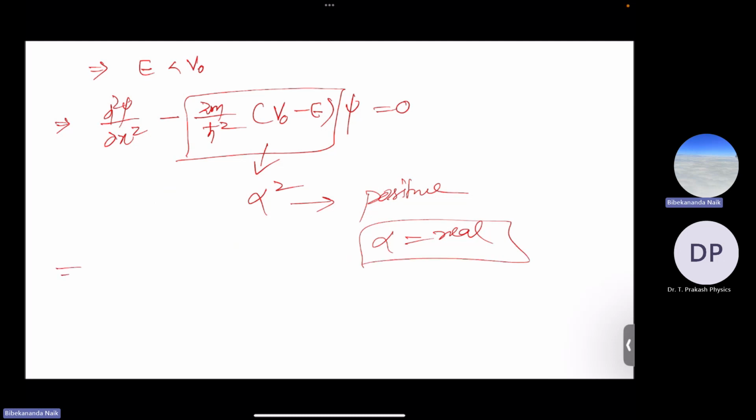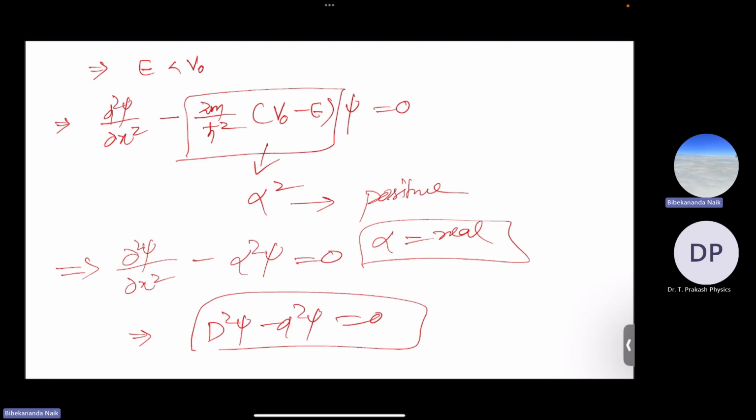So in terms of alpha, it will be del square psi by del x square minus alpha square psi equals 0. This is nothing but (D square minus alpha square) psi equals 0.